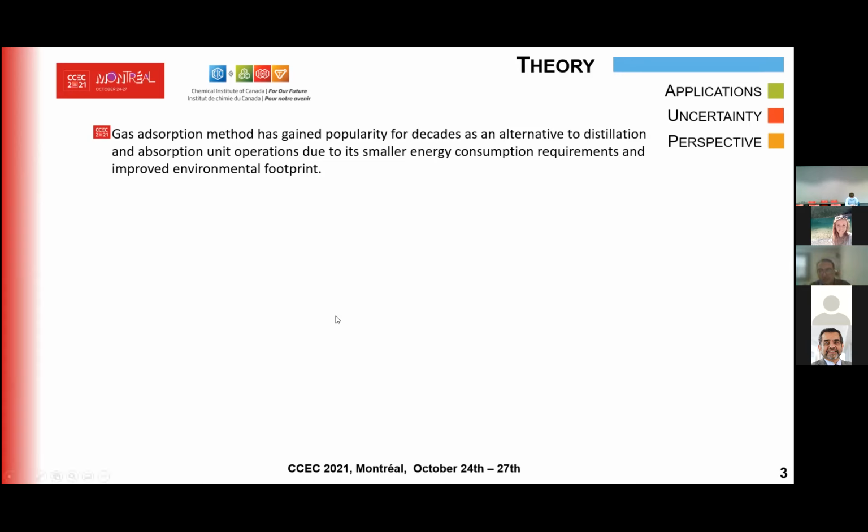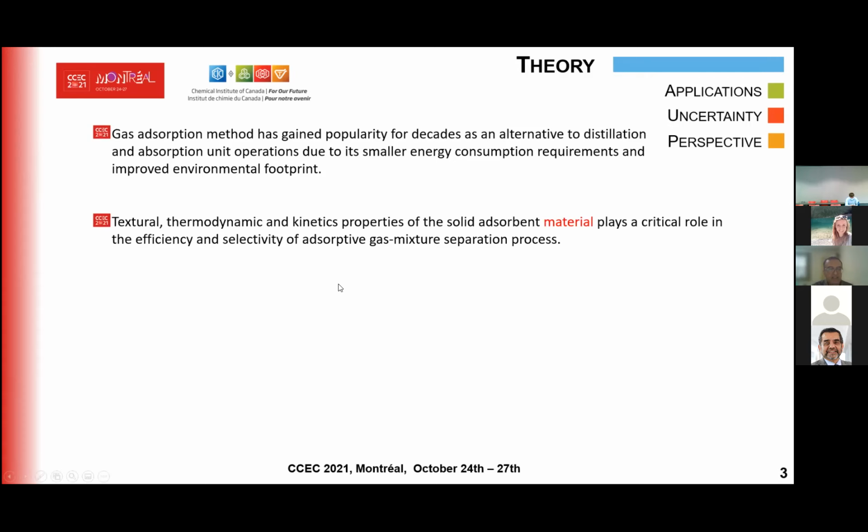For example, in absorption, we have these solvent wastes that are sometimes not very environmentally friendly. But when it comes to gas adsorption, the characteristics of the solid adsorbent material are very important before we can decide whether the process is going to be efficient and selective with regard to separating the gas mixture.